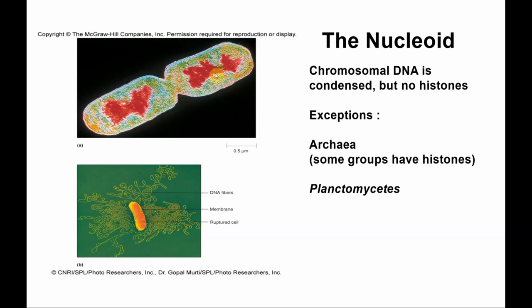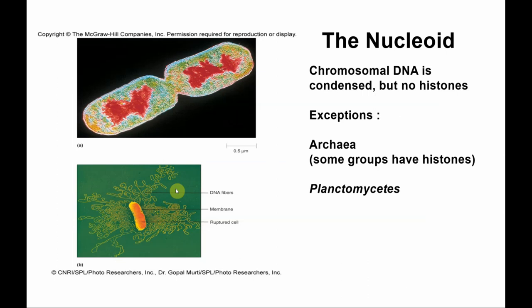Now, although bacteria or eubacteria do not have histones, the DNA in the nucleoid is compacted because if you get a bacterial cell and you degrade the peptidoglycan a little bit and you digest all the proteins in the cell to liberate free DNA, you can see that this DNA fiber, the length of it is much bigger than the size of the bacterial cell.